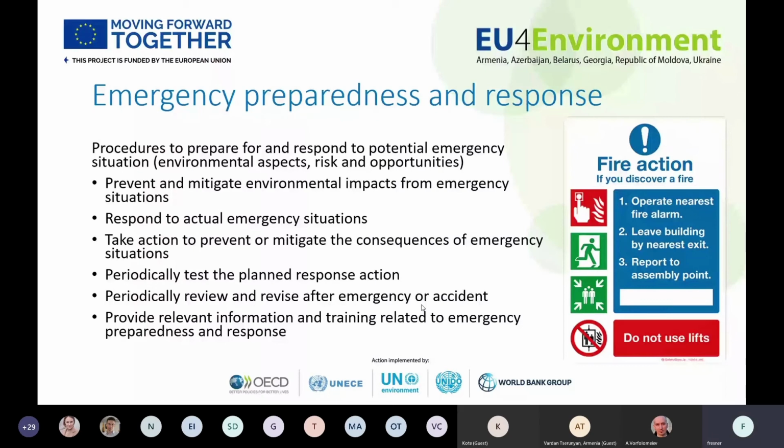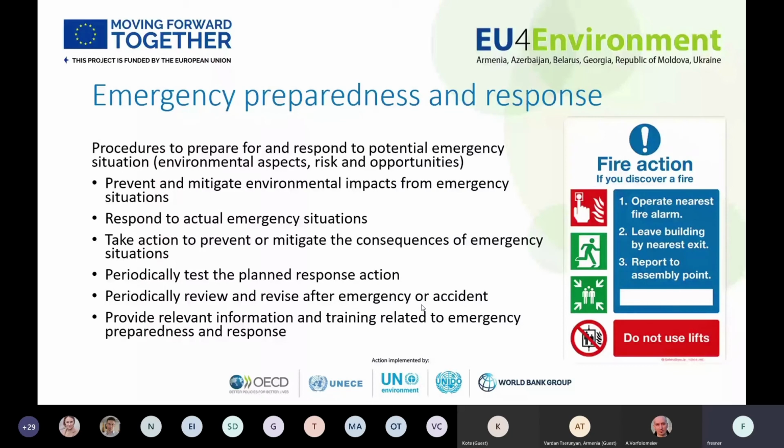This means we need to have procedures to prevent and mitigate environmental impact from emergency situations, which might be fire, which might be breakage of pipes, accidentally releasing any contaminated water or solvents or so to the environment, just to give two examples.